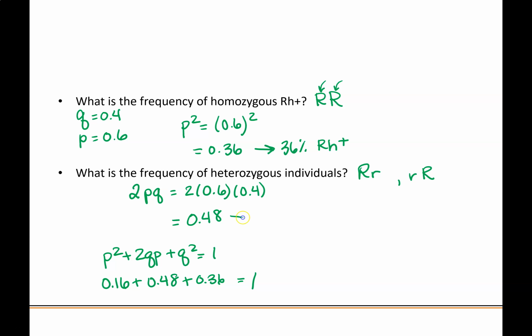We know that 48% of our individuals in our population are carriers for Rh negative, and we know the composition. So now, if we wanted to see if the population was changing at another point in time, we could determine the frequency of our homozygous Rh negative individuals and see if our allele frequency has changed.